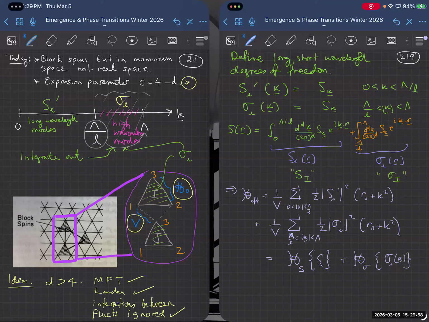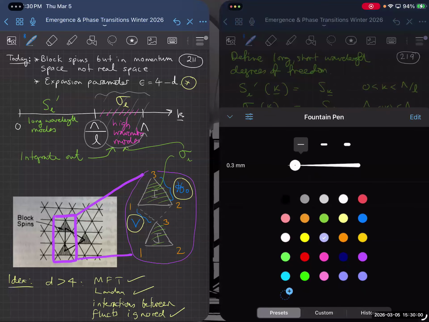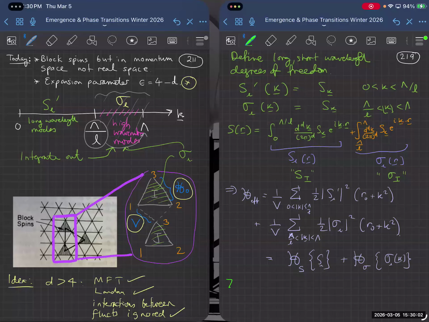And when I write down my partition function, all I have to do is say, well, the partition function is the integral of dS e to the minus H effective. And so what's that going to be? Well, I've got two degrees of freedom, the S's and the sigmas, so I write those down separately.